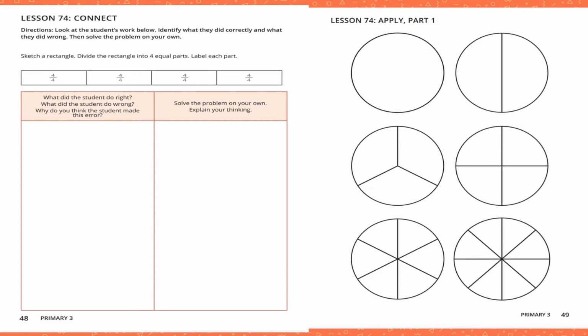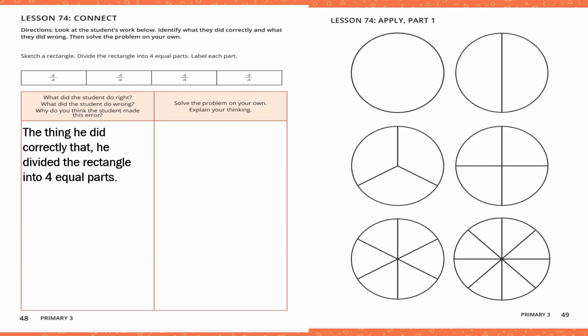Is it right? This part is 4 over 4? No. Each part is only one part out of 4. 1 out of 4. So it's 1 over 4, or fourth and quarter. So what did the student do right?